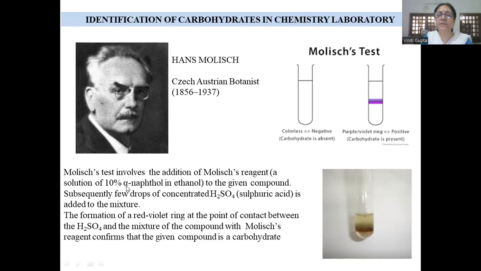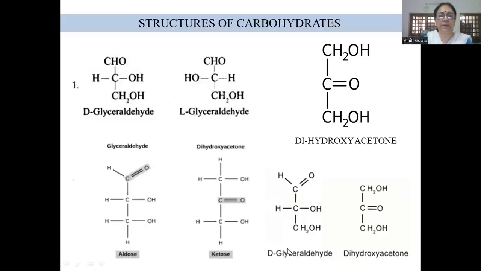What is a 10% solution in ethanol? 10% means if we take 100 ml of ethanol, we add 10 grams of alpha-naphthol to it. We will get a 10% solution. The formation of a red-violet ring confirms that the given compound is a carbohydrate.